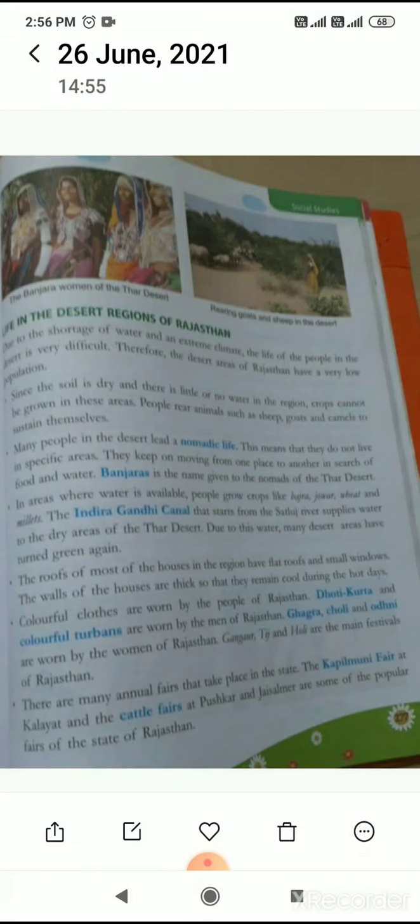In areas where water is available, people grow crops like bajra.